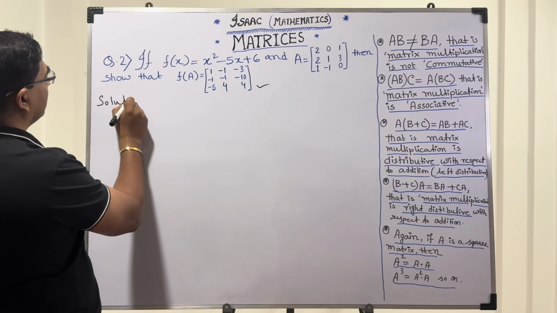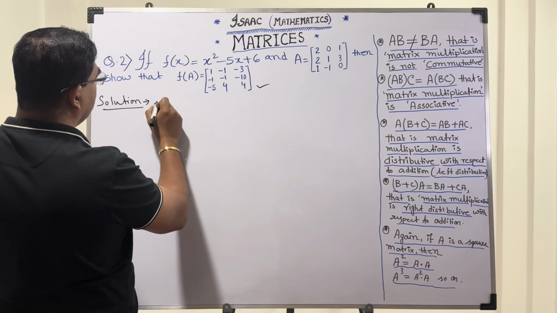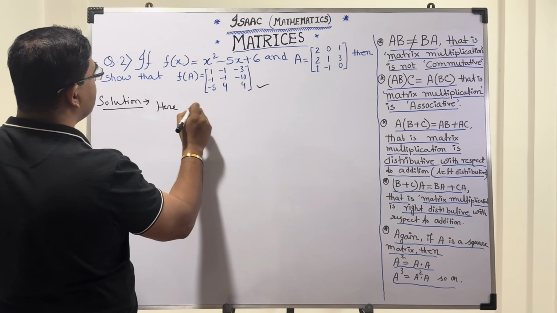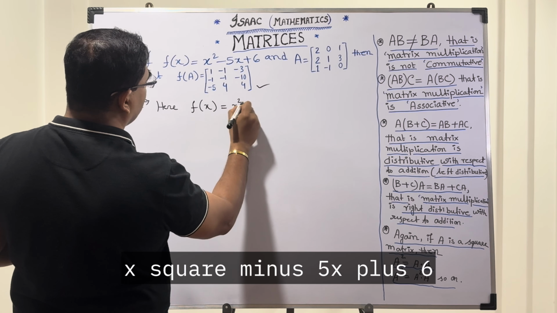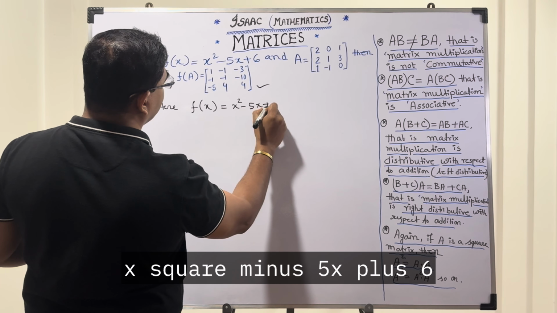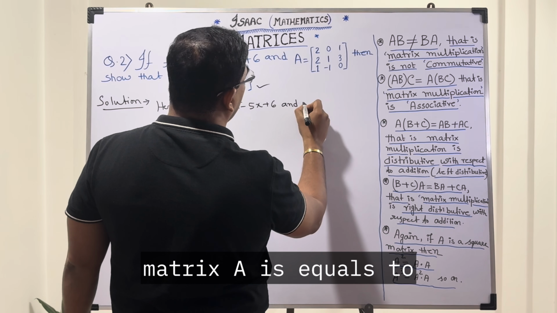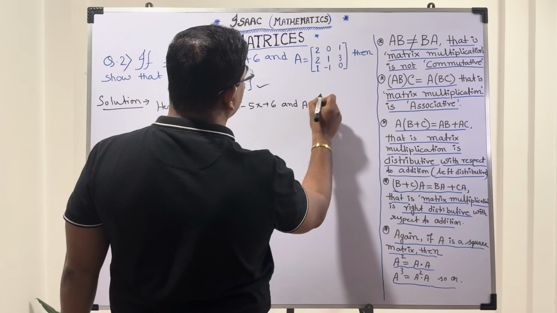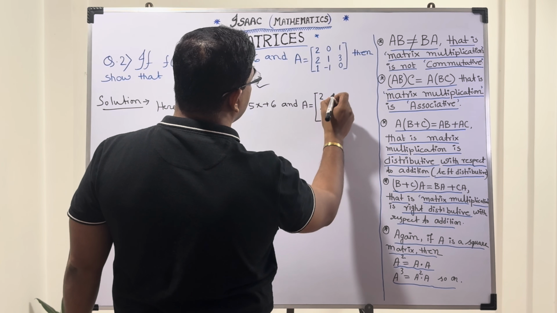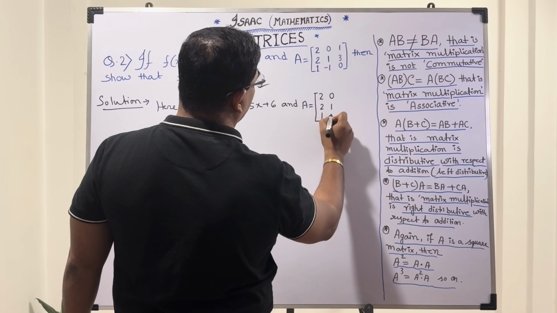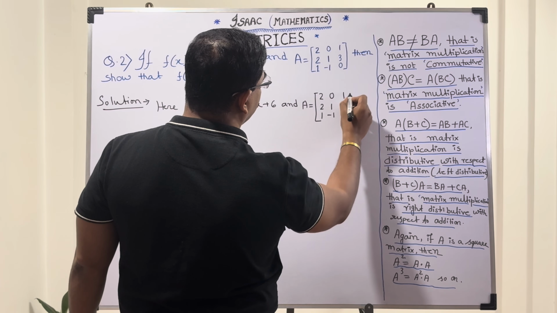Solution. Here f of x is equal to x square minus 5x plus 6 and matrix A is equal to, along first column 2, 2, 1, along second column 0, 1, minus 1, along third column 1, 3, 0.